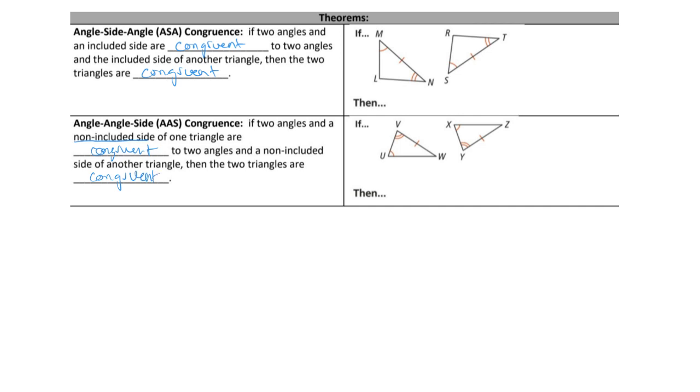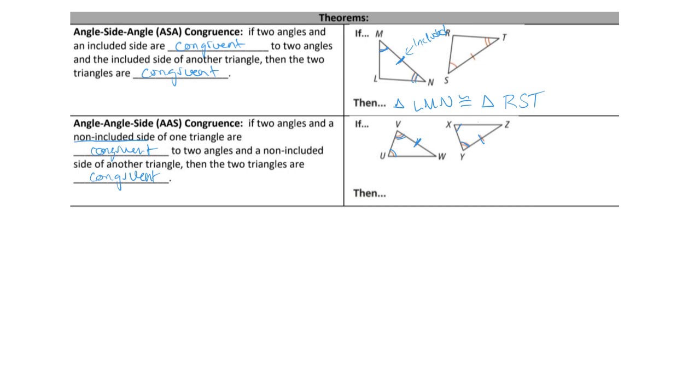All right, so if we look at this, the angle side angle, you've seen angle, then an included side, then an angle. That proves that triangle LMN is congruent to triangle RST. And then the next one, see how we have an angle, another angle, and then a non-included side, a side not in between them. So angle, angle, non-included side.